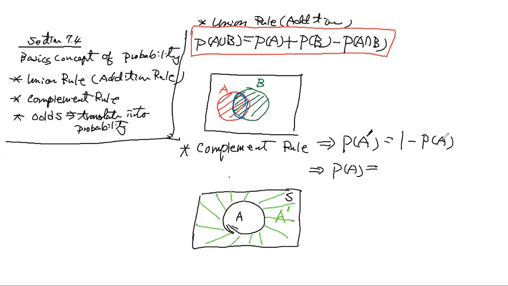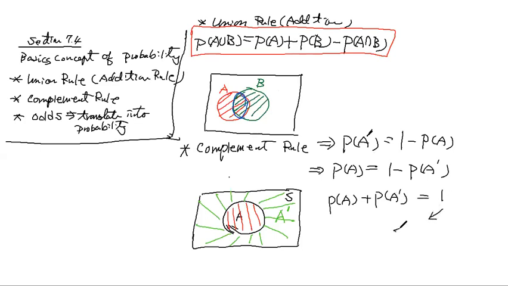All right. And then what is the probability of A? If I want to find the area, A is this red area. If I want to find the probability of A, it will just be 1 minus the probability of A complement. So that means if you add the probability of A plus the probability of A prime, this will be 1.